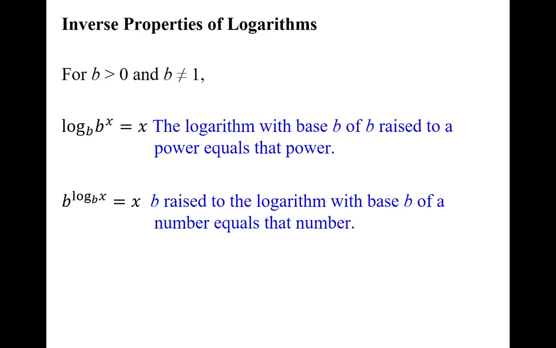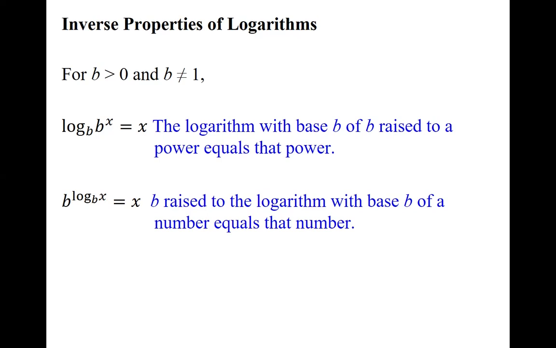Similarly, we have some inverse properties of logarithms. We can consider this as the exponent and the log canceling each other out. Log base b of b to the x just leaves us with x. We saw this with that 1/7 problem. b to what power is b to the x?